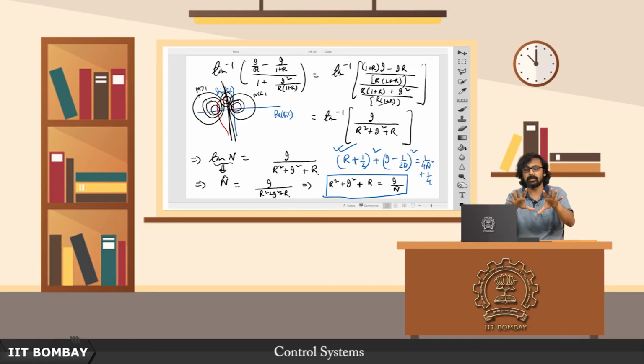Notice how easy it is now. The m circle and n circle can be drawn without any concern for what the system is. This is system agnostic. But just by superposing the Nyquist sketch on this, you get the closed loop frequency response very conveniently. So, you kill two birds with one stone, as it were.